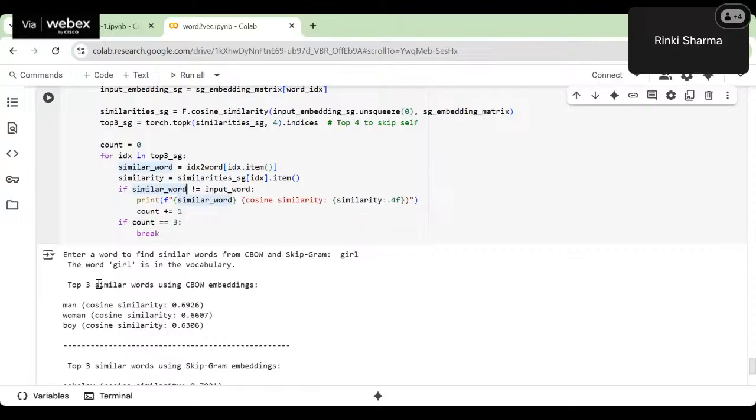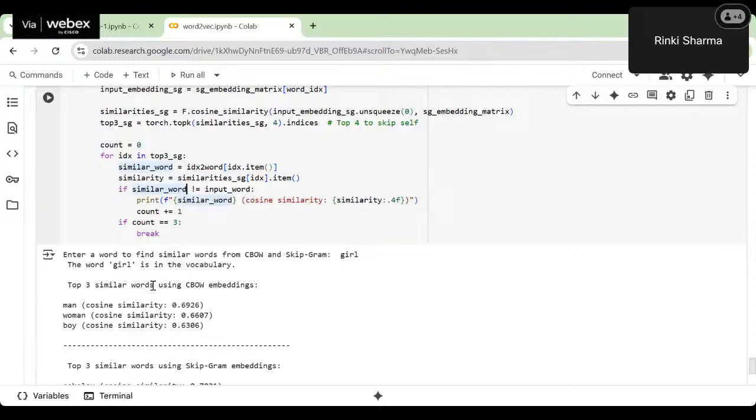As our embedding dimension is small, we have taken it as 50, and we also ran our model for only 30 epochs. If we increase our embedding dimension or the number of epochs, the results will definitely get better. This is how we can evaluate the performance of our model.